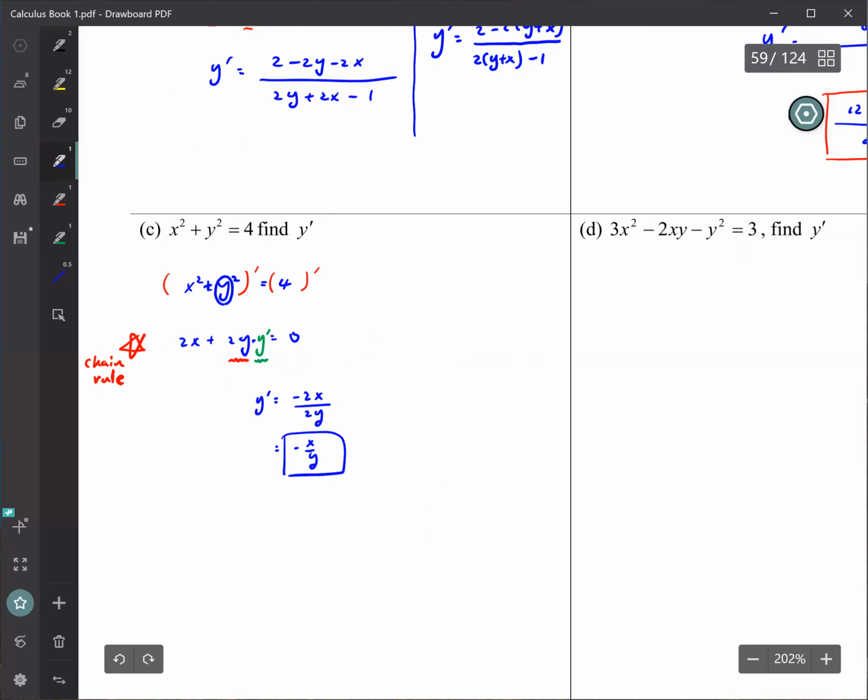So you can go right away. Once you get the final y prime, you can raise your hand. Or if you still have questions about C, if you don't understand why we need chain rule, let me know. I can try to use a different example to explain.